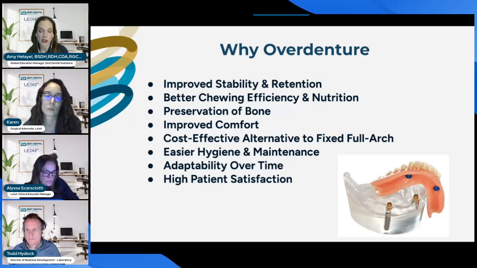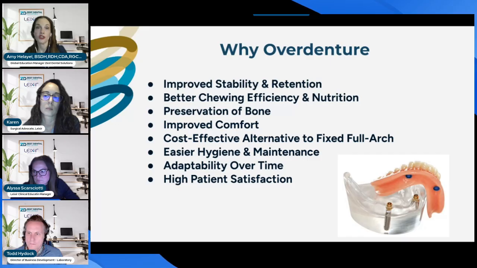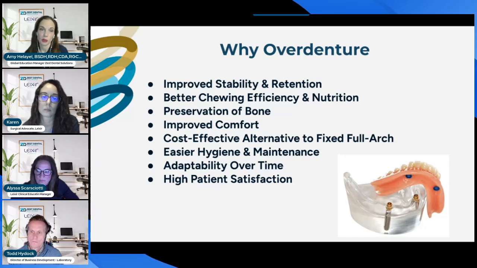And what we find is when your patient doesn't wear their denture, they lose bone. That's when they come to us with, I can't get implants. I don't have any ridge. And we've all seen those edentulous ridges that come in that are completely flat, where there is no bone. And that's due to a direct result of not wearing their denture, not having anything to support that ridge. And by providing an overdenture, we're actually preserving that bone for longevity for your patient.